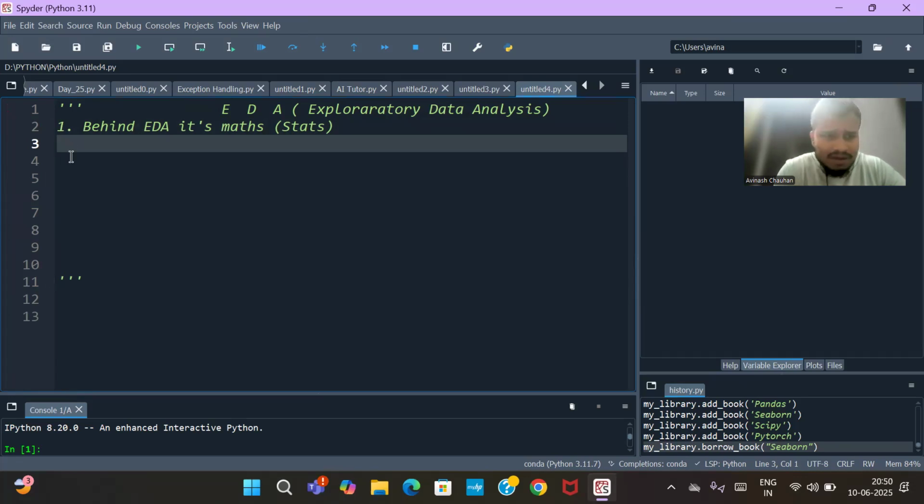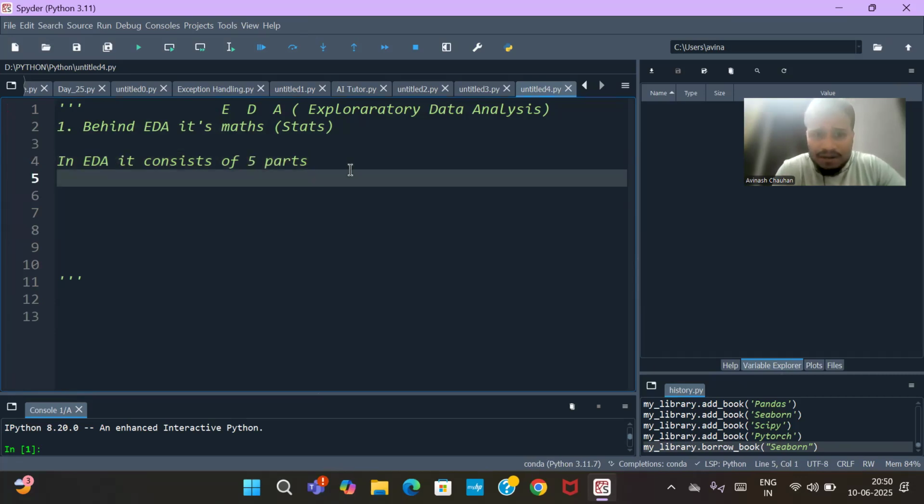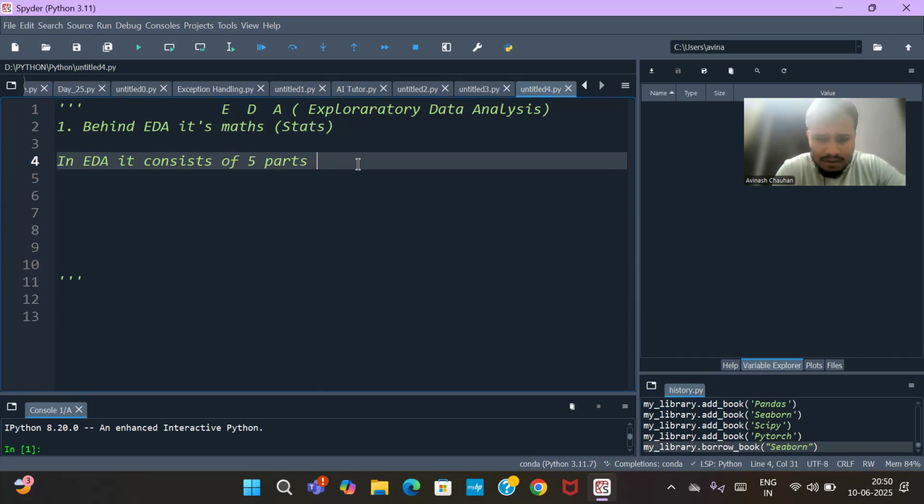In EDA, it consists of four parts. Okay. Only four things are there in EDA. And if you have learned all these four parts, sorry, basically, there are five parts of EDA, and you don't need much.